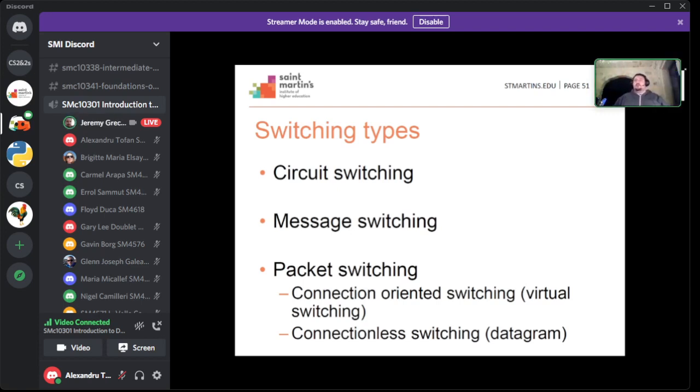If we had to compare message switching with packet switching, it would be like I had a jigsaw puzzle, for example, and it was complete, and I send it as is to somebody using a courier service.